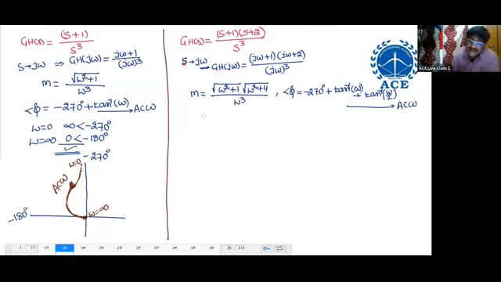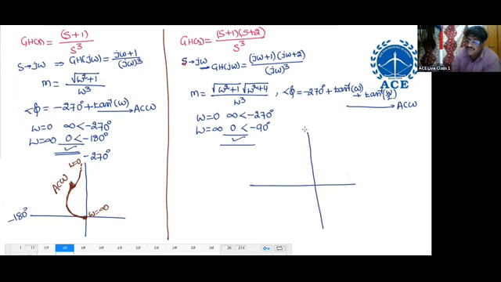At omega 0, magnitude infinity, angle minus 270. At omega infinity, magnitude 0, angle minus 90. Draw the plot. Where it starts, minus 270. Where it ends, minus 90. It should end here. What is the direction? Anti-clockwise. Here omega 0.